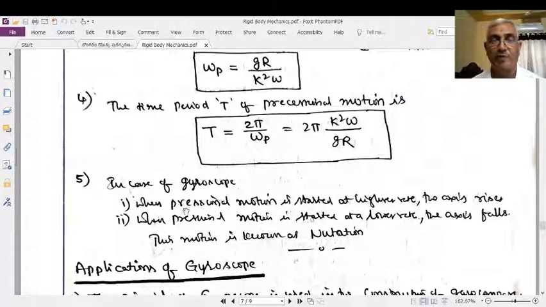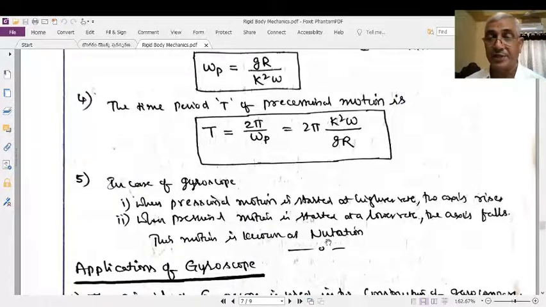In a gyroscope, when precessional motion is started at a high rate, rapidly, then the axis rises up. If the precessional motion starts very slowly, at a low rate, then the axis falls. Therefore, depending upon the nature of the precessional motion, high rate or low rate, the axis rises and falls.